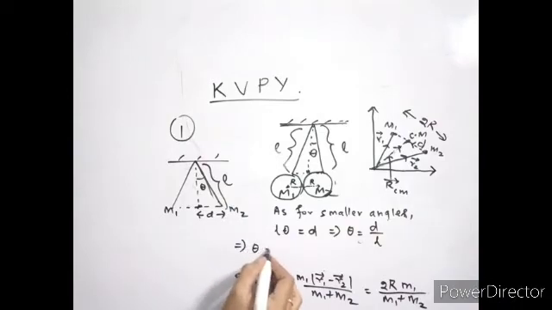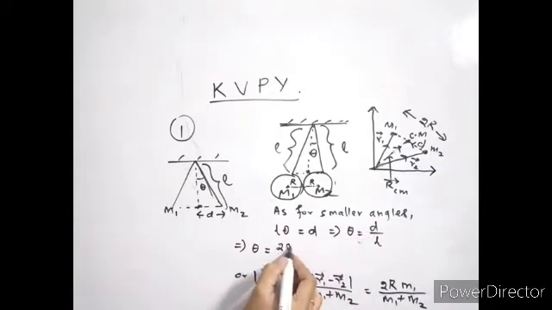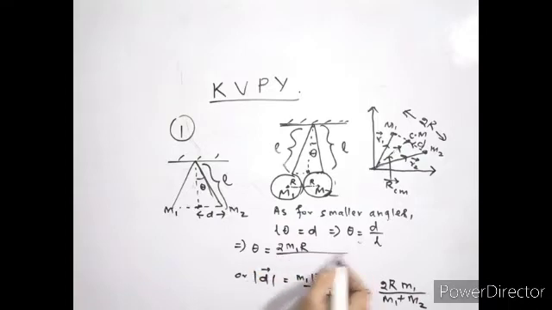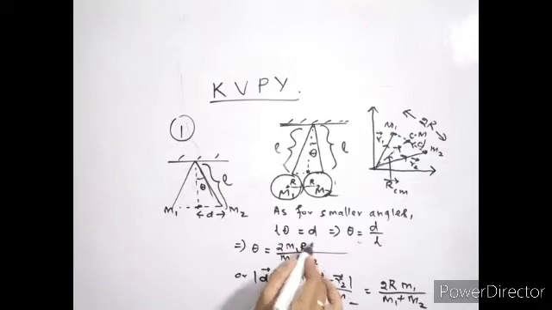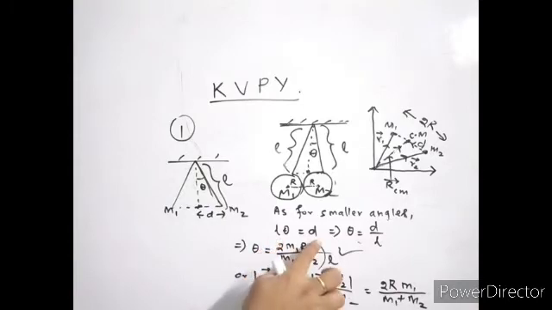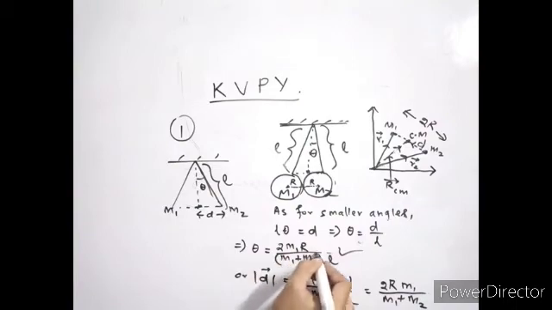So we have theta equal to 2 m1 r divided by m1 plus m2, that whole divided by L. We can just remove the brackets and leave the brackets in the denominator, so that the required value of theta is 2 m1 r whole divided by m1 plus m2 whole into L.